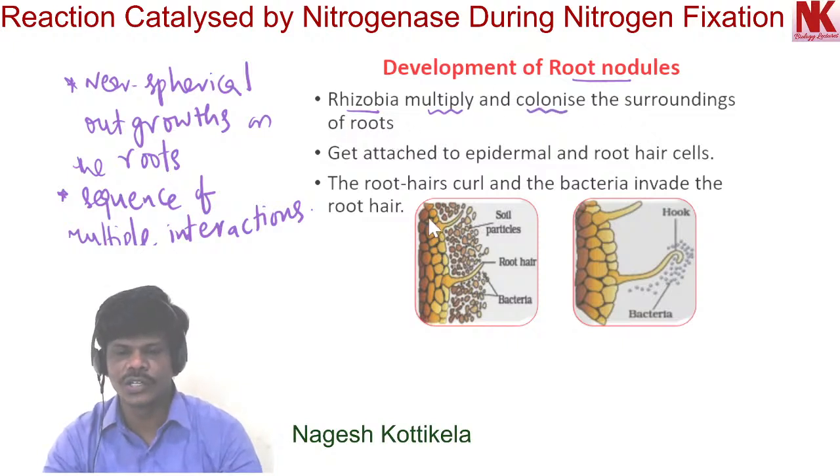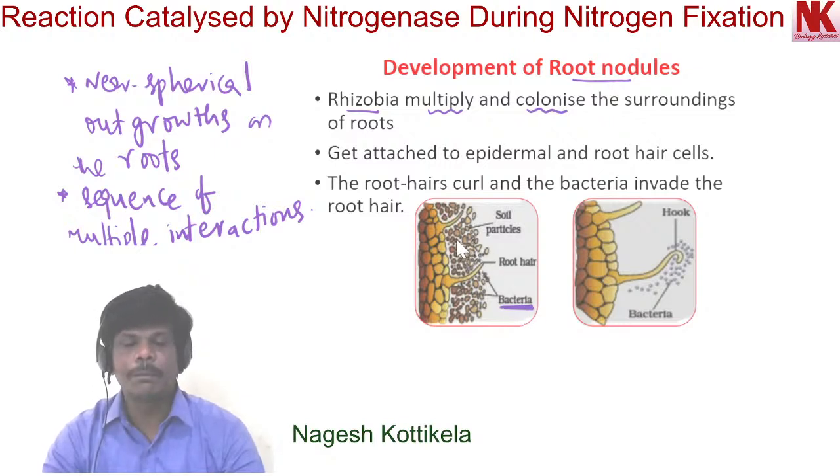You can see here this is the root epidermis, these are the root hairs. Rhizobium bacteria multiply and colonize. You can see the colonies of bacteria here. Now they get attached to the epidermal and root hair cells.